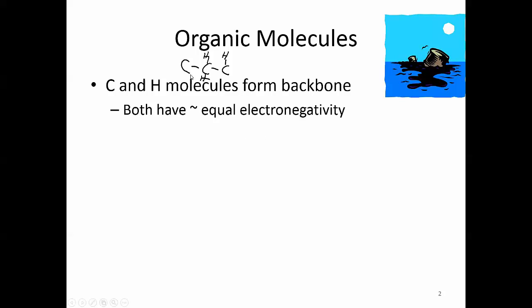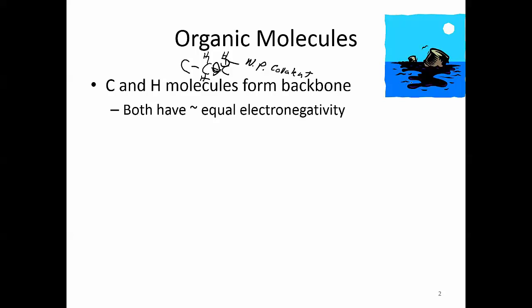And one thing about carbon and hydrogen is they share electrons equally. They both have about the same electronegativity, which means it is a non-polar covalent bond. So these bonds between carbon are non-polar, of course, because they're the same atom, but between carbon and hydrogen is a non-polar covalent bond.